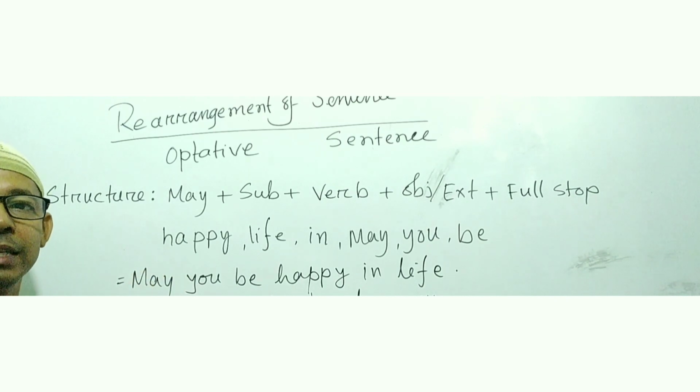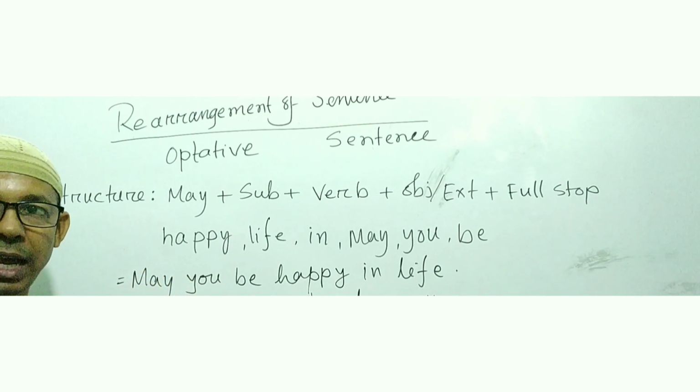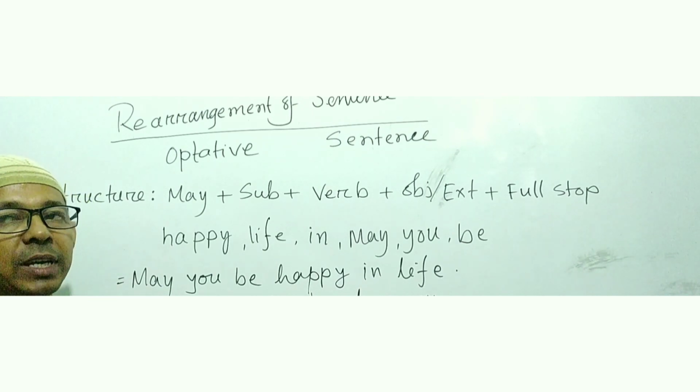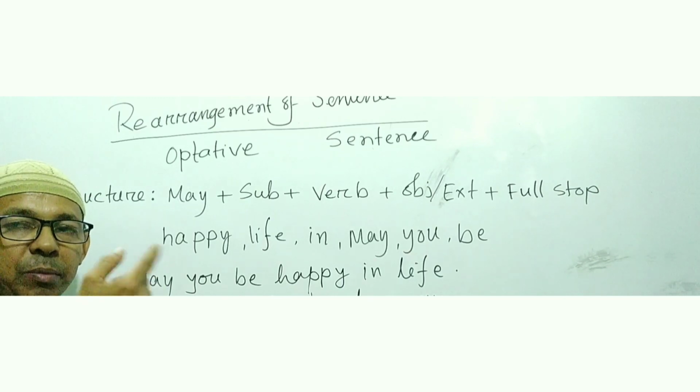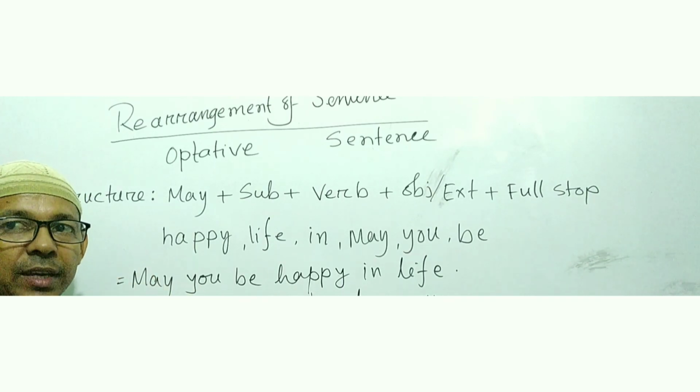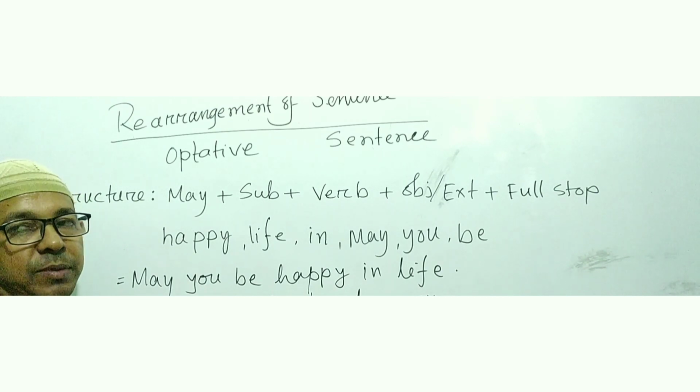This sentence you can write: you may be happy in life. So my dear student, "you may be happy in life" is an assertive sentence, but if you write "may you be happy in life," then it will be an optative sentence.